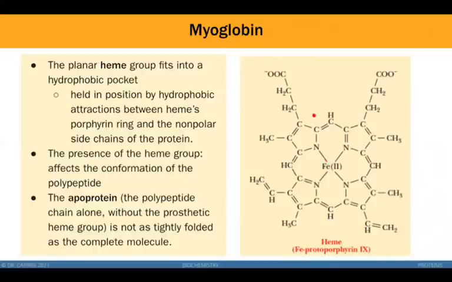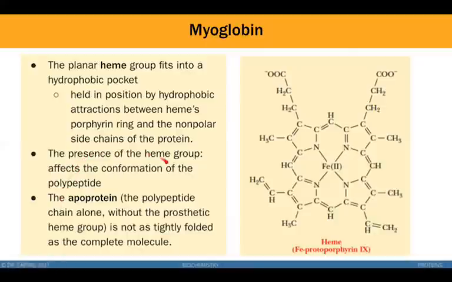And these are the porphyrin rings, which are embedded in myoglobin by virtue of hydrophobic interaction with the non-polar amino acids of myoglobin.